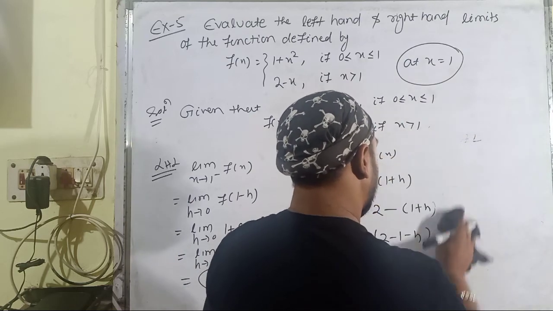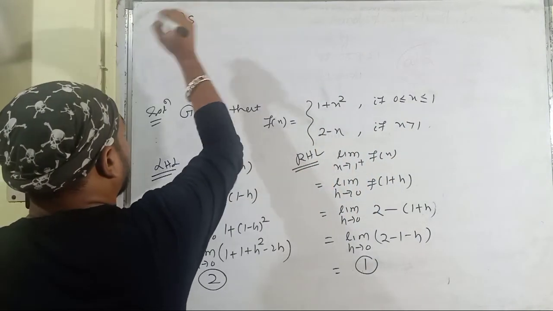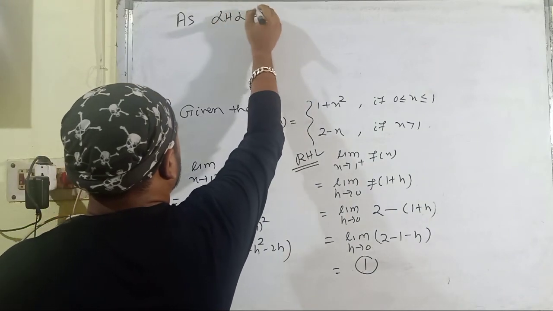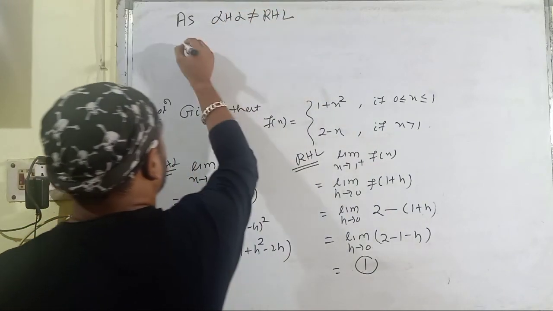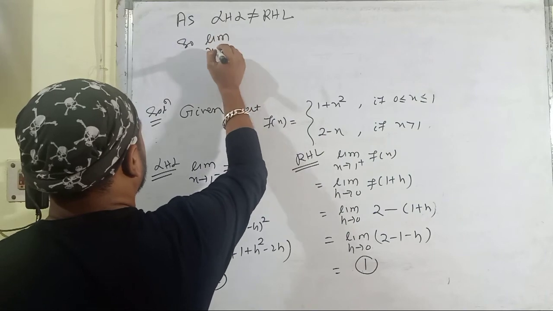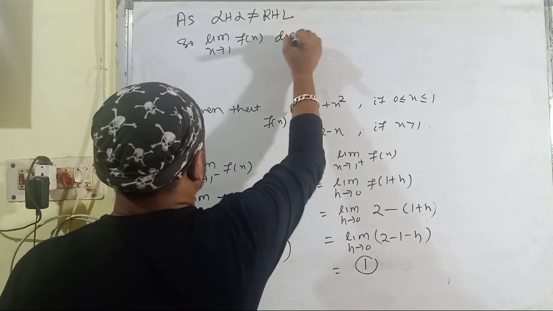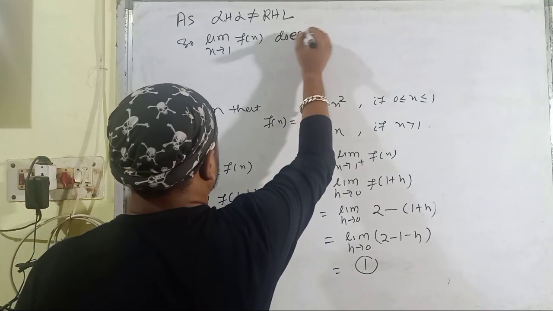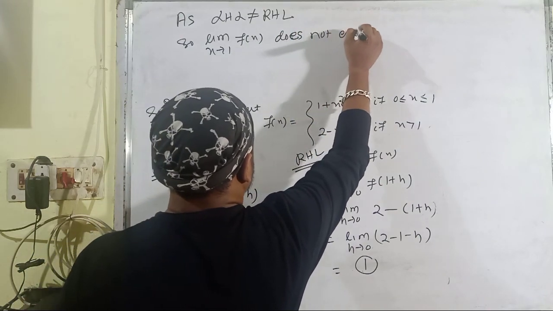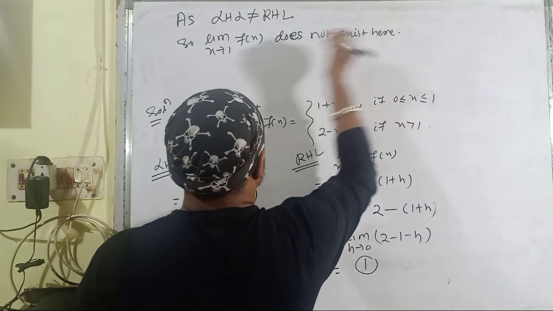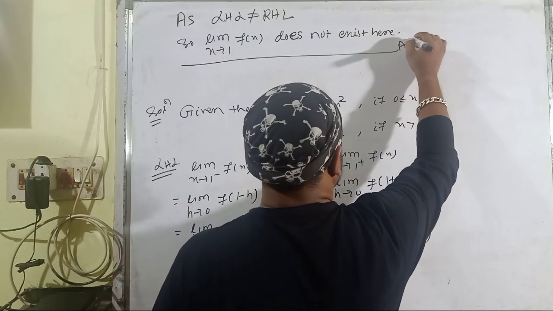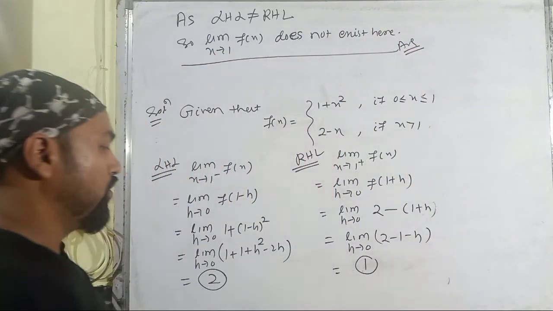As the left hand limit is not equal to the right hand limit, the limit as x tends to 1 of the function f(x) does not exist here. And this is the complete answer for this problem.